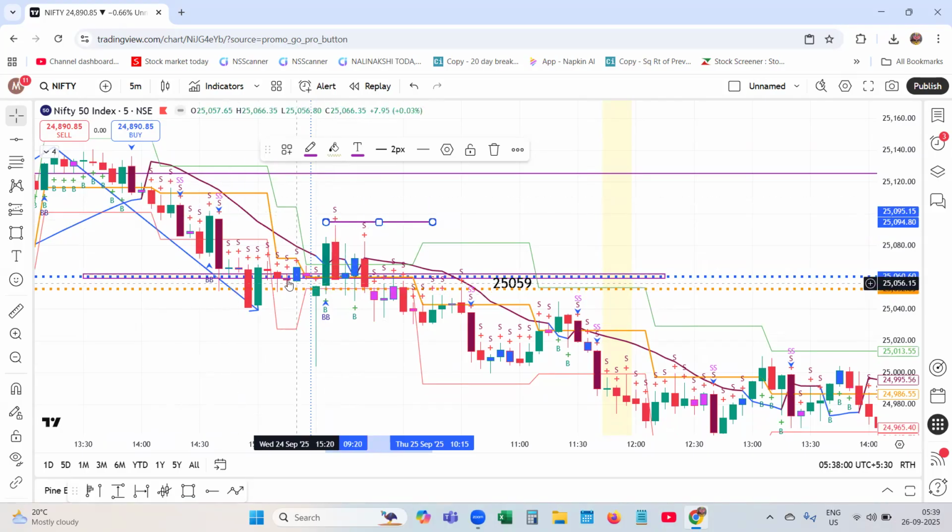If you go back and see on the left side, all are sellers. You need to apply your mind, open your eyes and see where your territory is. You are in the battlefield of sellers, and sell signal is generating constantly.